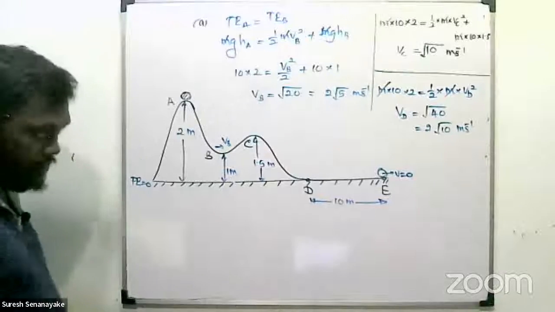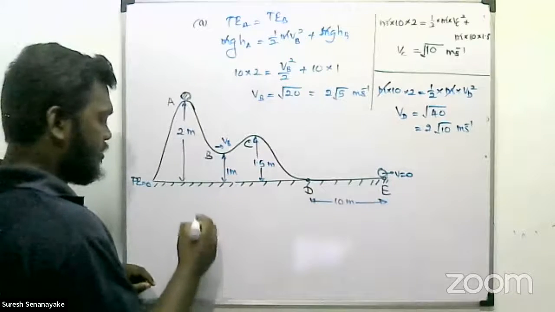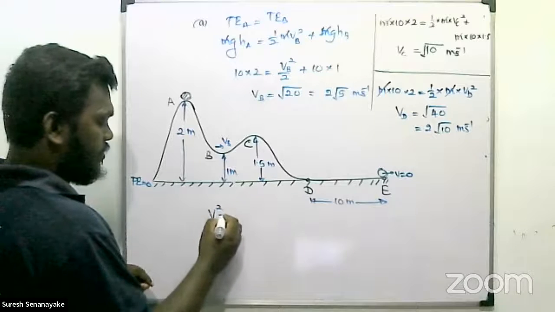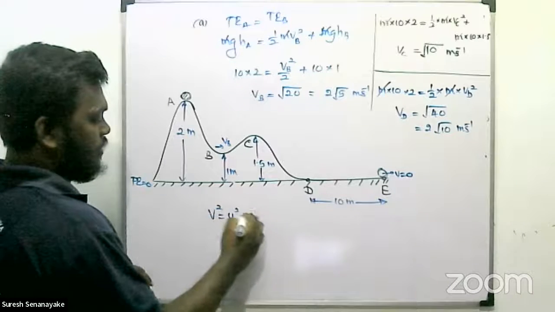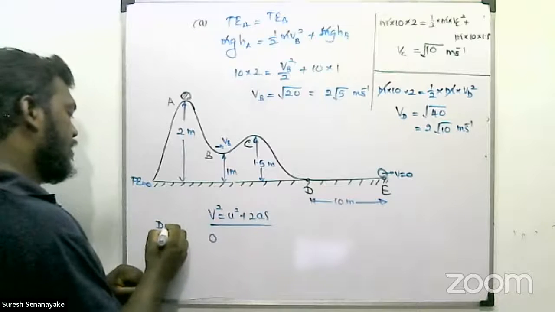between D and E. The object just stops there, so you can find the deceleration. Say v squared equals u squared plus 2as. Finally, from D to E we apply this.